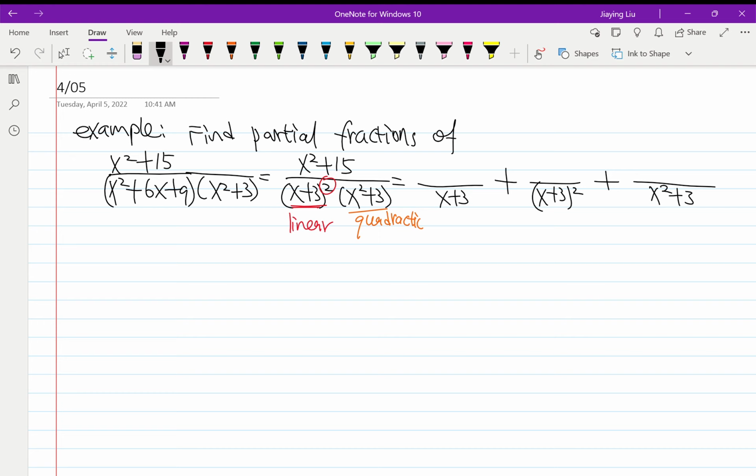And then we write down the numerators. For x plus 3, it's linear, so the numerator will be a. X plus 3 squared is still a linear factor with power 2, so the numerator is going to be b. And for the last part, x squared plus 3, the numerator will be cx plus d, because that's a quadratic factor in the denominator, so the numerator should be linear.